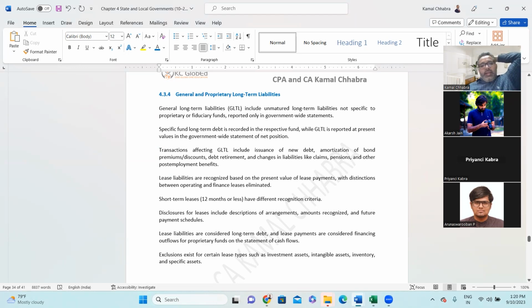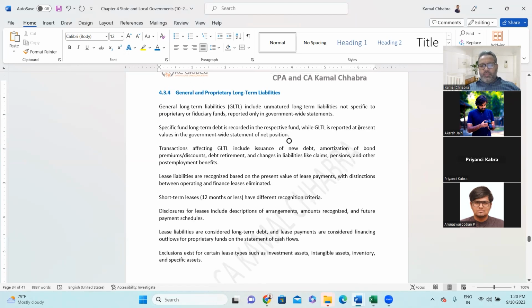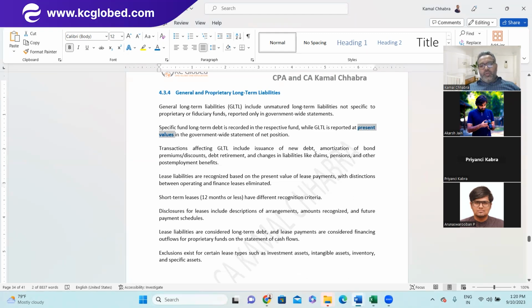Yes, sir. And these are to be reported at present value. So all the borrowings you need to disclose at present value. Transactions affecting long-term liability include issuance of new debt, like when there is any change in the long-term debt.